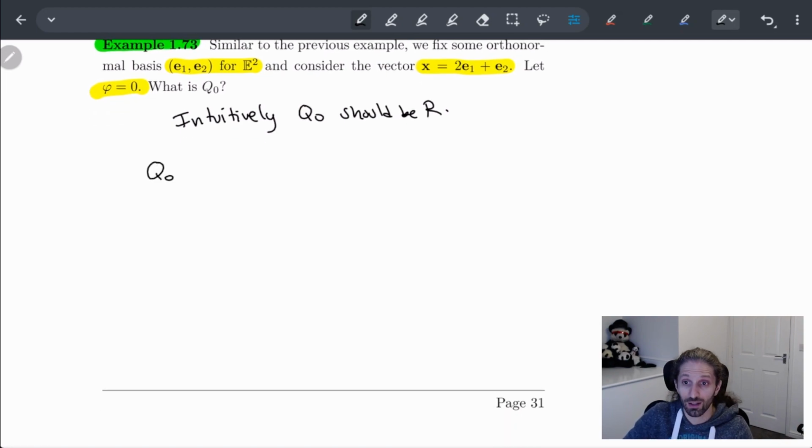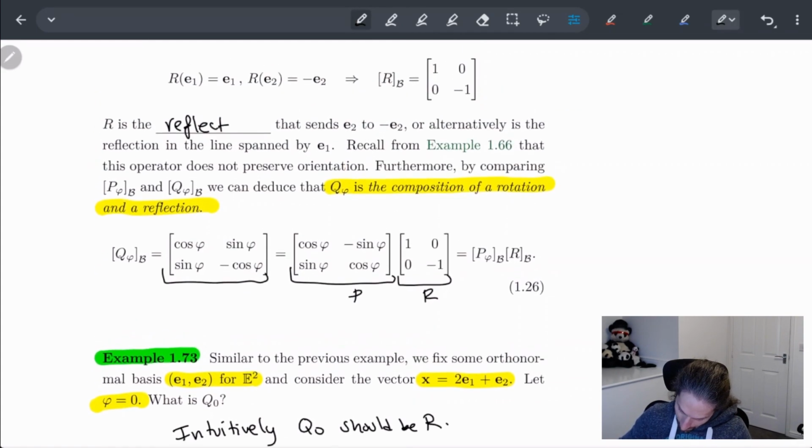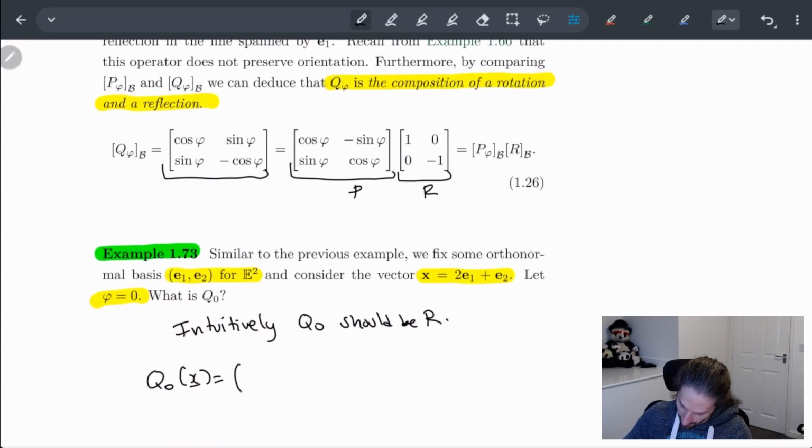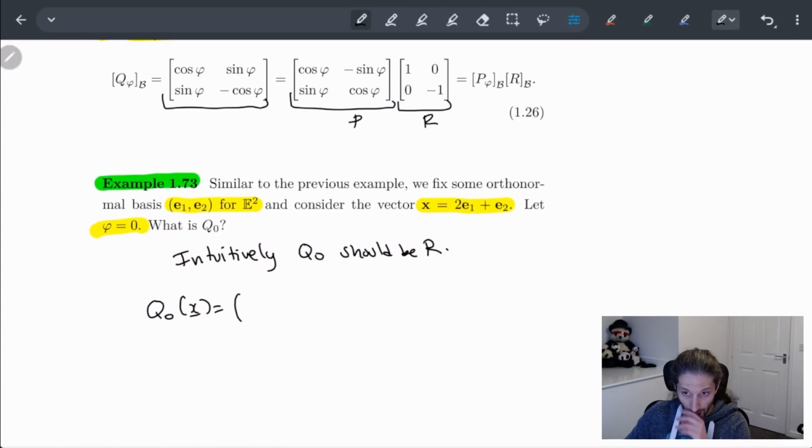So Q naught of X, let's look at the formula we had from before. This is x1 cosine of phi plus x2 sine of phi. So we have 2 times cosine of 0 plus sine of 0, of E1.